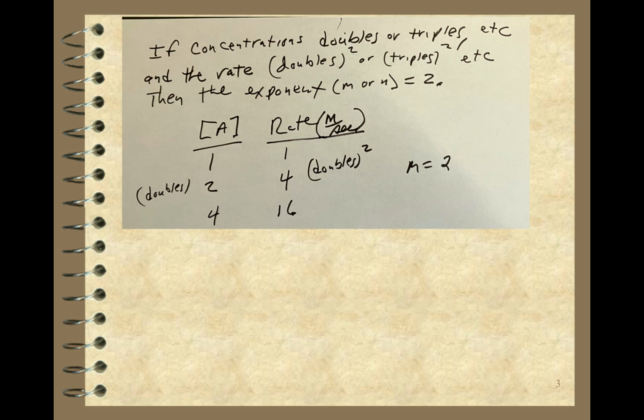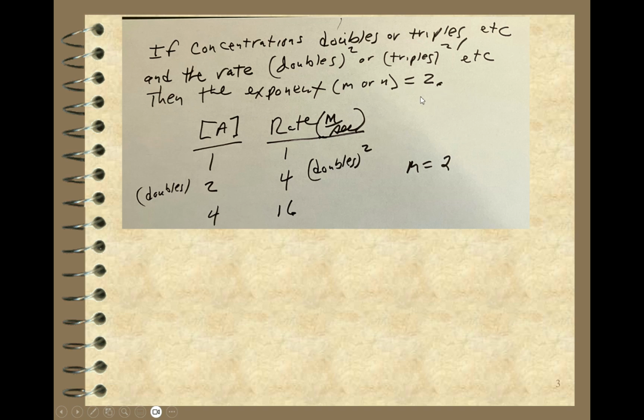If the concentration, let's say, doubles or triples or is multiplied by some factor, and the rate is the square of that, so if the concentration doubled and the rate increases by doubled squared, or if the concentration triples and the rate changes by a factor of triple squared, then the exponent of m or n is equal to 2.